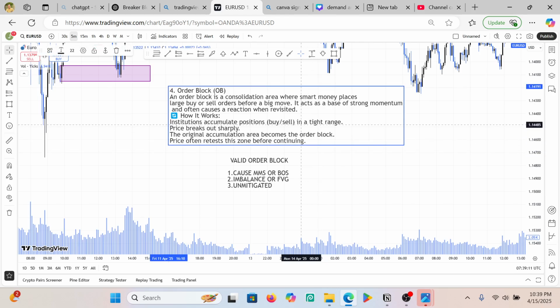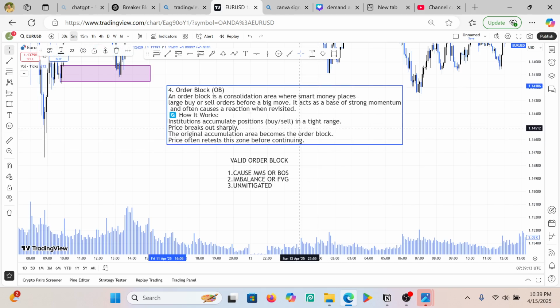So this is a definition of an order block. You can write it down so that in the coming days you can refer to it as reference material. What's an order block? An order block is a consolidation area where smart money places large positions, like buy or sell orders, before a big move. As you know, in this forex industry we have smart money, the movers of the market.